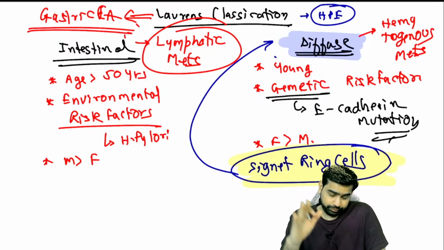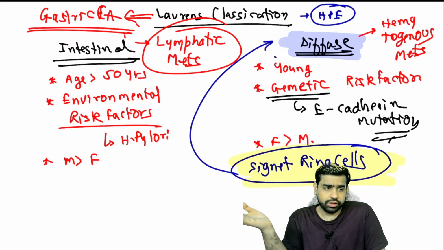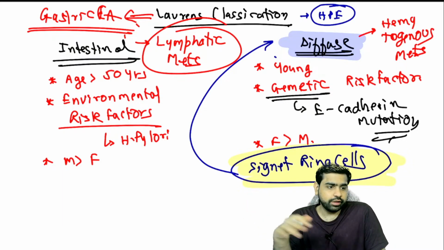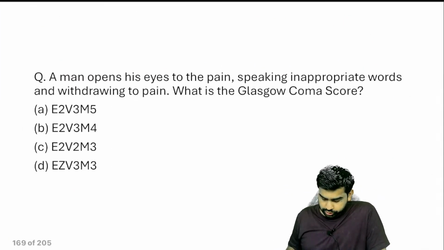It's just the name which is given. Probably it had more columnar cells or something like that. But this has nothing to do with any metastasis to the intestine. It's not a metaplasia. It's a cancer. I hope you're able to understand this. Okay, got it?